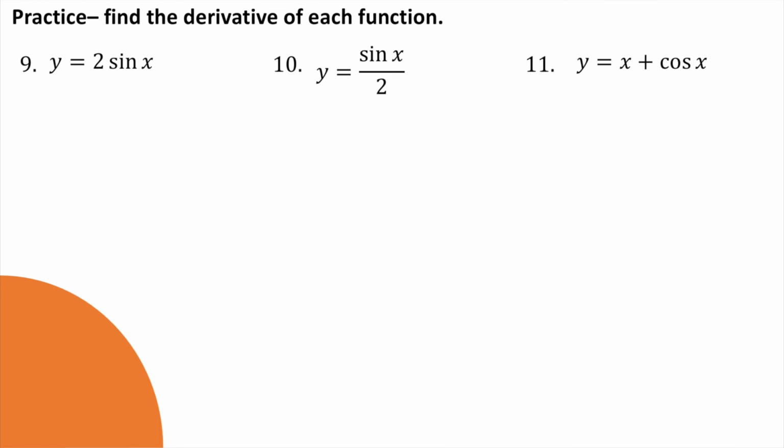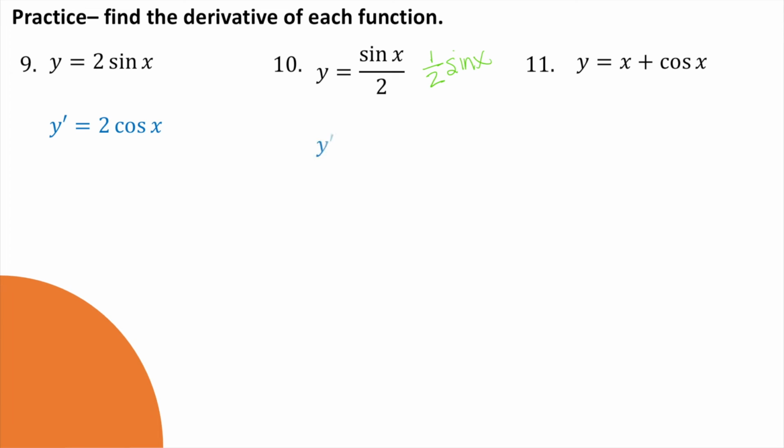Putting it all together, find the derivative of each function. So y equals 2 sine x, the derivative of that is y equals 2 cosine x. Y equals sine x over 2. Maybe it's easier to see if you say 1/2 sine x.